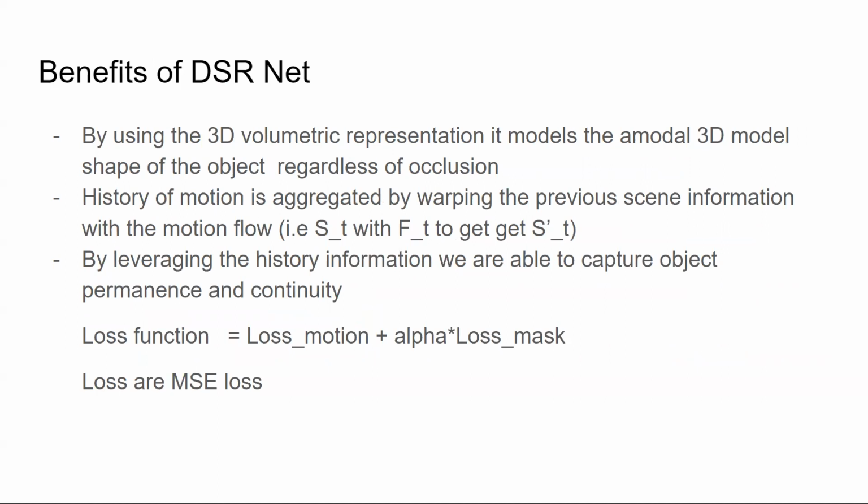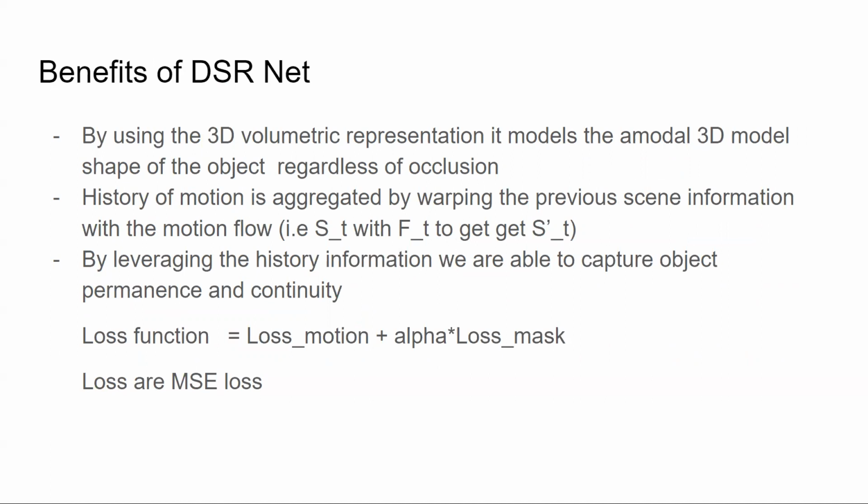If the identity of the object is tracked from the beginning, the model is able to create the occluded unoccupied grids, where the object is kind of hidden.